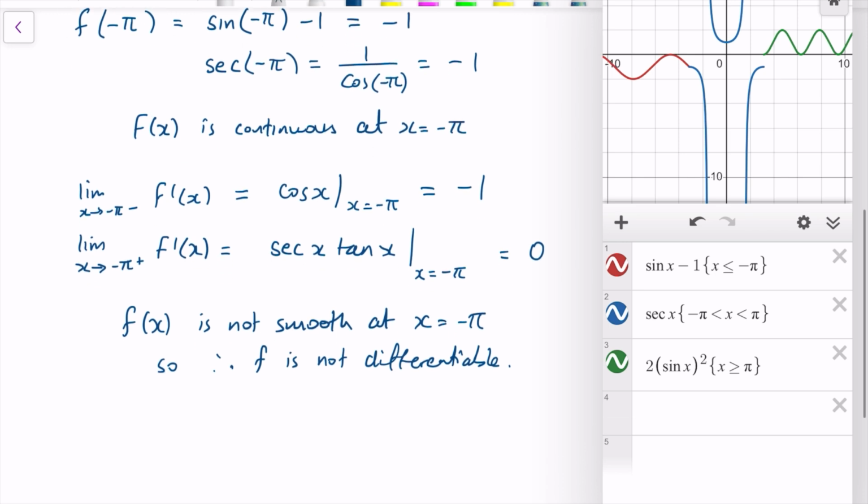Now, you could go through the same motions for the other one, but actually, no, it's not likewise. It's a completely different case. At x equals pi, f of x is not continuous. Therefore, not differentiable.